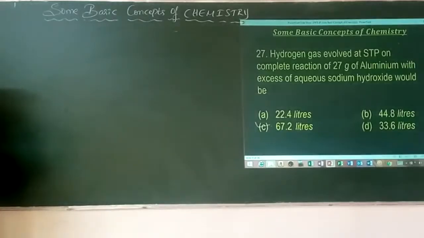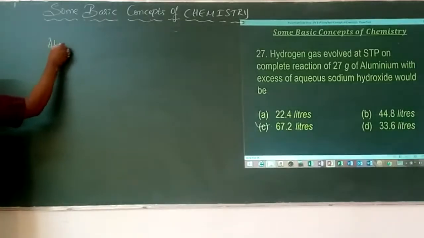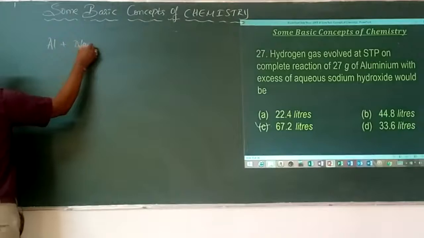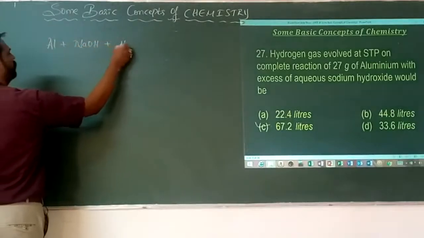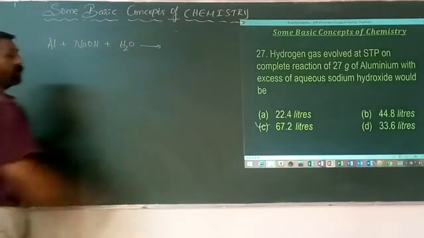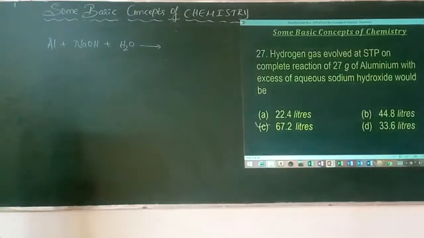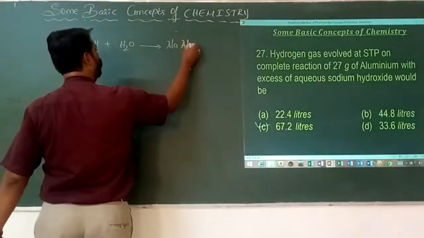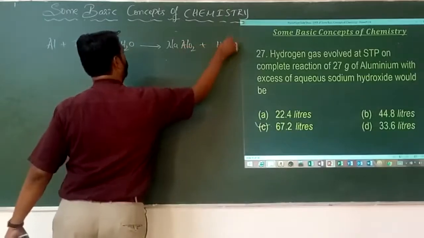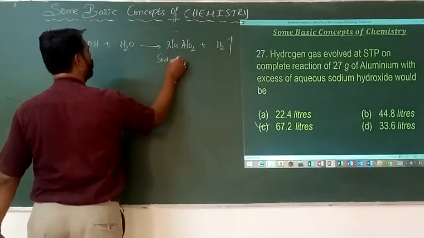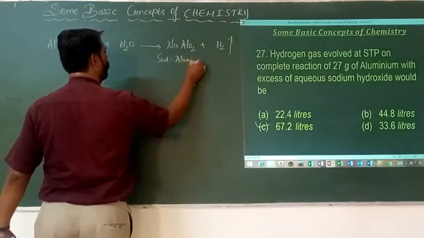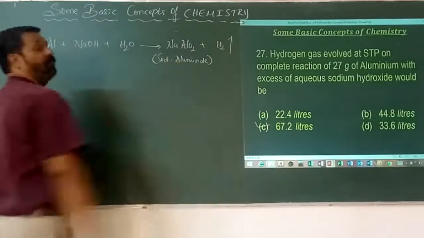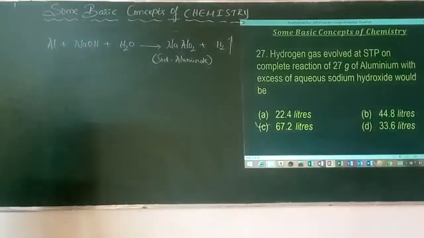Aluminum reacts with aqueous sodium hydroxide, it forms NaAlO2 plus hydrogen. This is called sodium aluminate. Sodium aluminate. So we have to balance that.